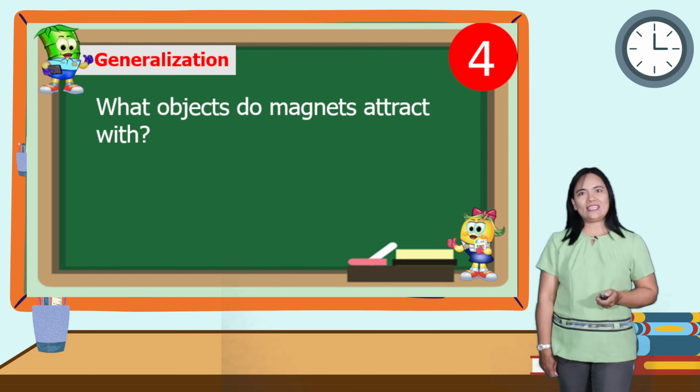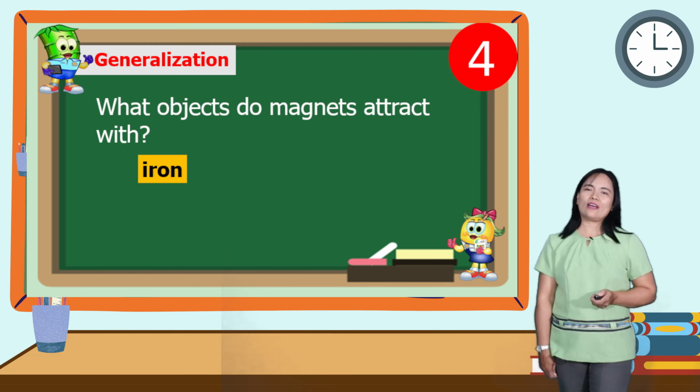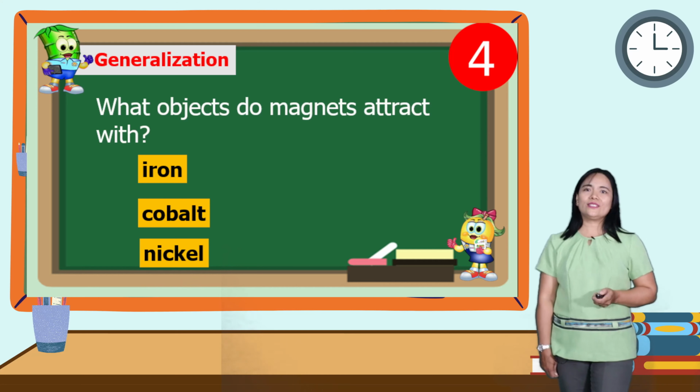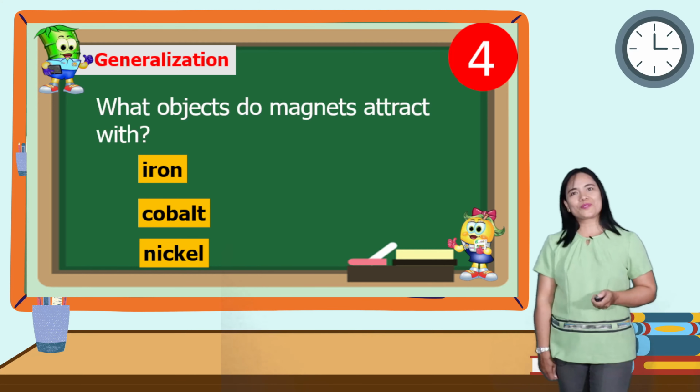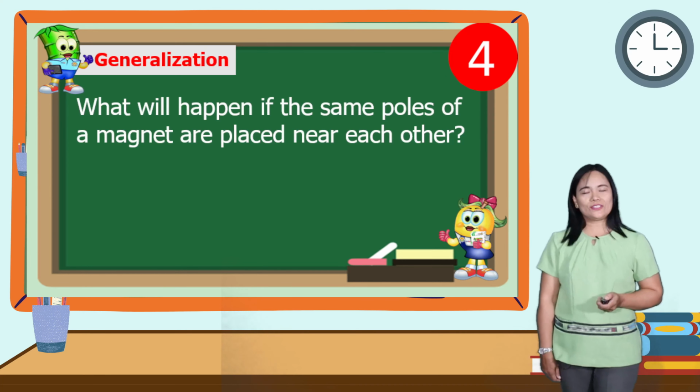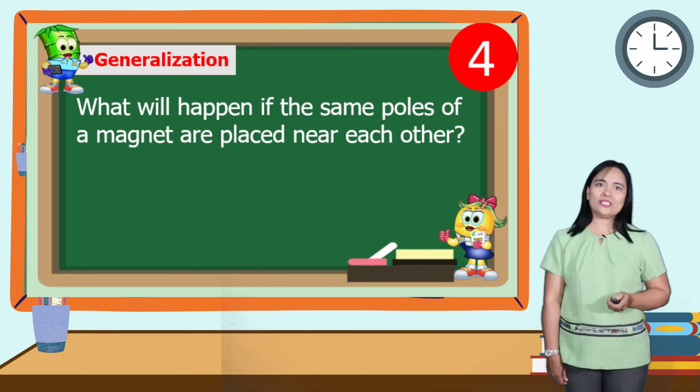Okay, let us see if your answers are like this. Number 1, we have the iron, cobalt, and nickel. Did you get it right, children? Very good.